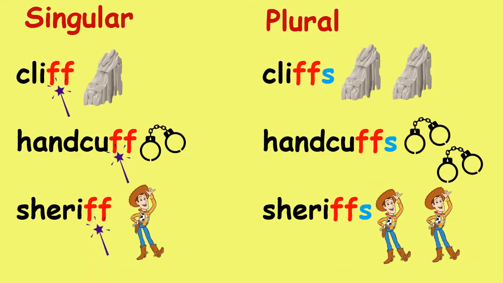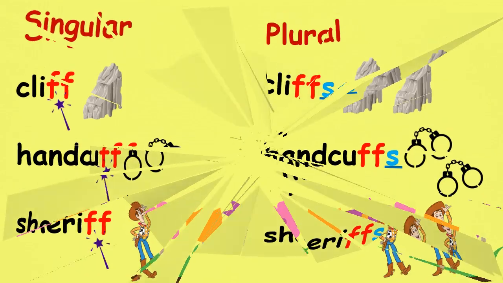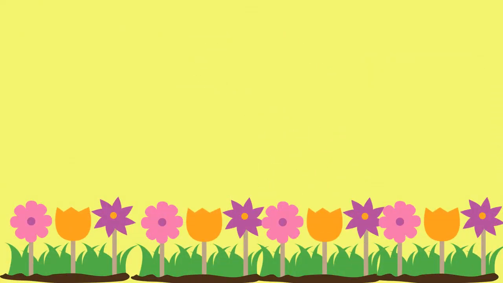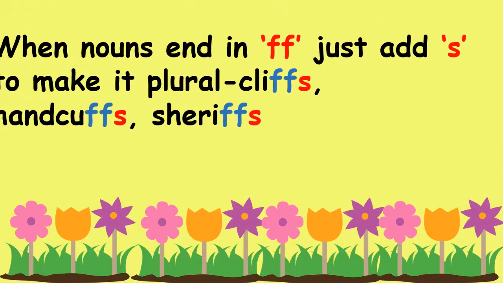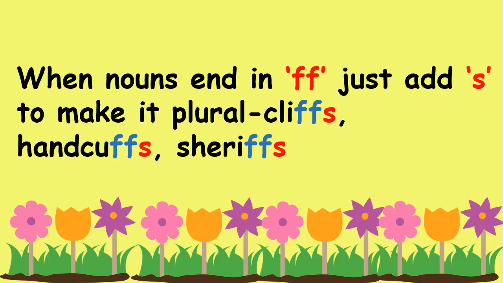Sheriff ends in FF. To make these nouns plural, we just added S. So we can say when nouns end in FF, just add S to make it plural, as in cliffs, handcuffs, and sheriffs.